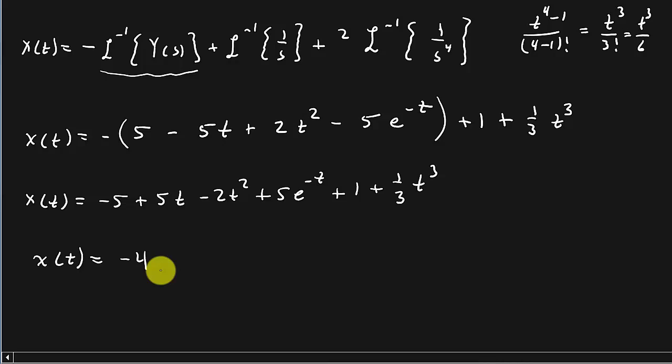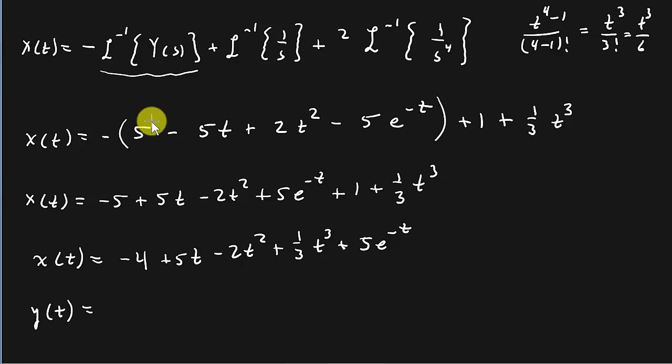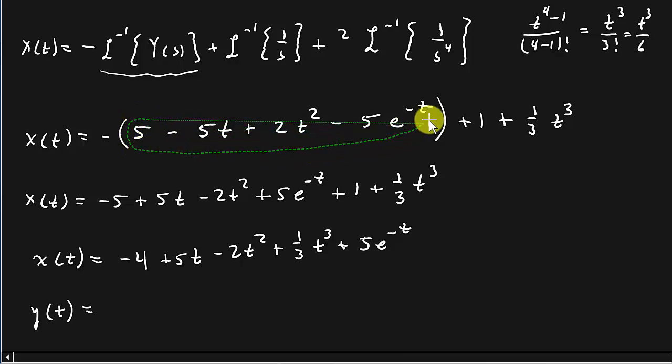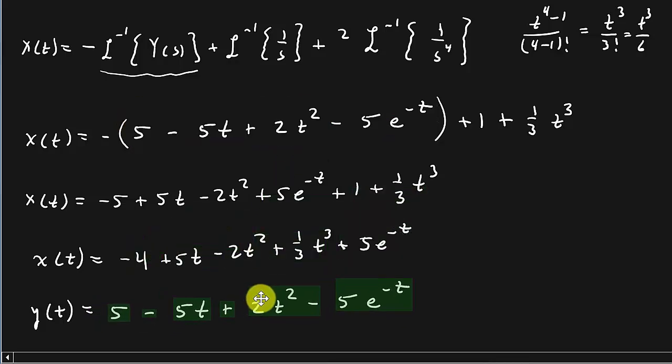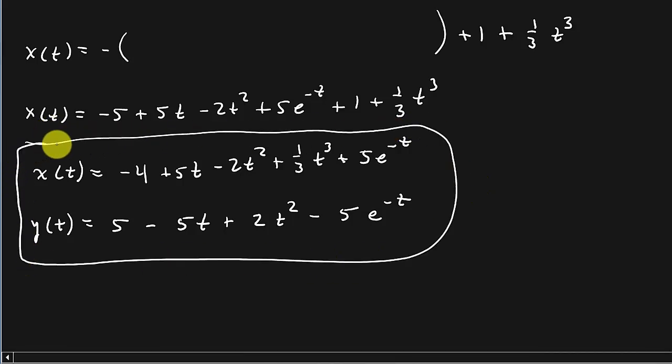So that's -4 plus 5t minus 2t squared plus 1/3 t cubed plus 5e to the negative t. There's x of t, and then y of t. Well, remember, y of t is just this part. We copied it from earlier. And there's your y of t. And this is the solution to your system.